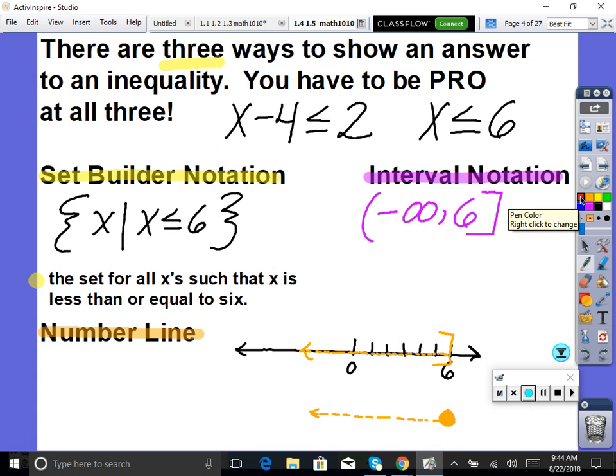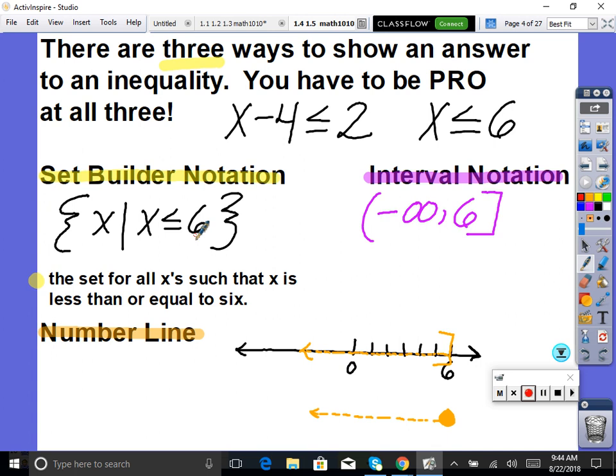Okay, so getting the answer is the easy part. They make us write the answer three different ways: set builder notation, interval notation, and they also want you to be able to graph it on a number line. So we just solved this one. We added 4 over and we got x values less than 6. For set builder notation, we would draw a set, just like we did on day 1: x such that any x value is less than or equal to 6.